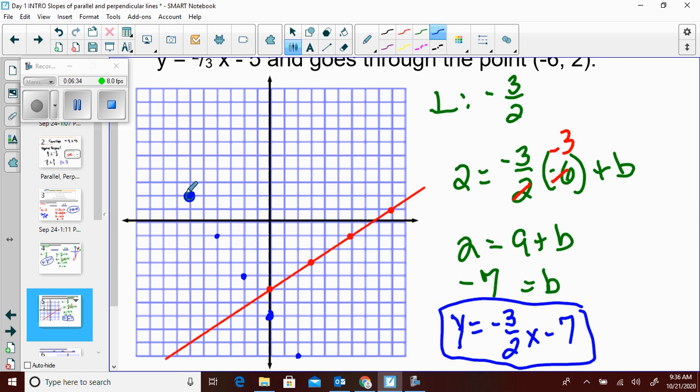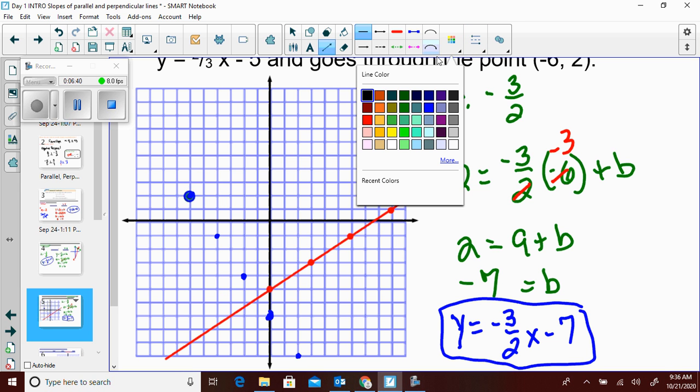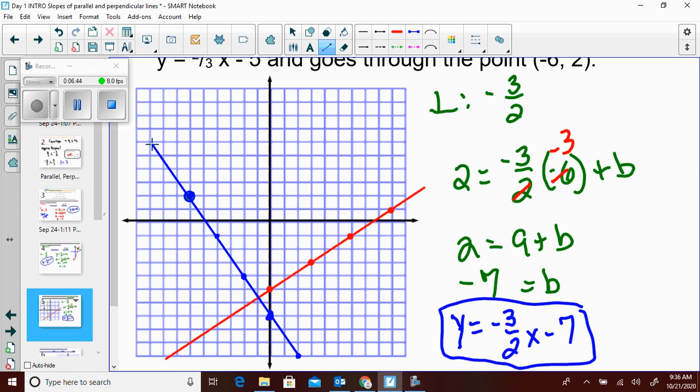Yep, it should definitely go through that point. Let's take our line and go through here. These two lines are perpendicular. And you can see, there's your right angle.